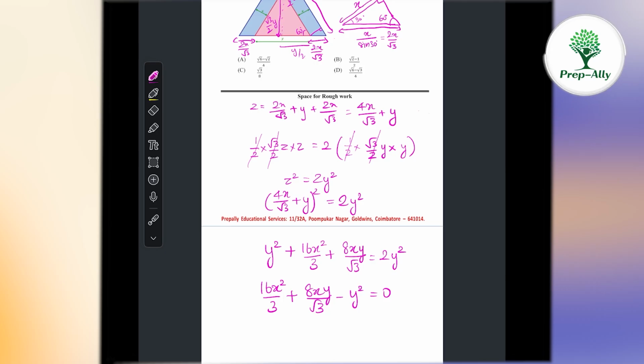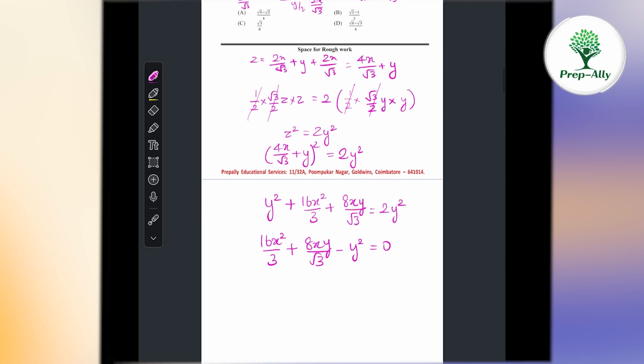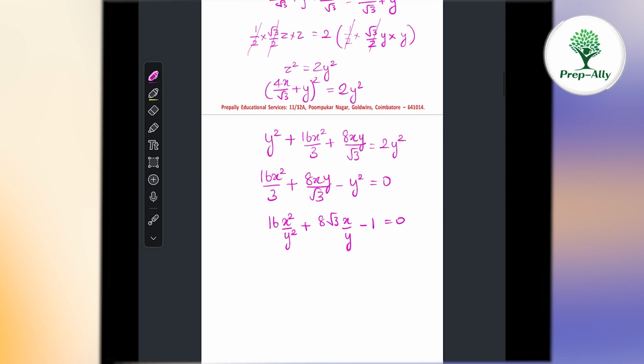Let's multiply the equation by 3 and divide by y squared. So we have 16x squared by y squared plus 8 root 3 x by y minus 1 equals 0. Now this is a quadratic in x by y, right? This x squared by y squared is nothing but x by y the whole squared, right?